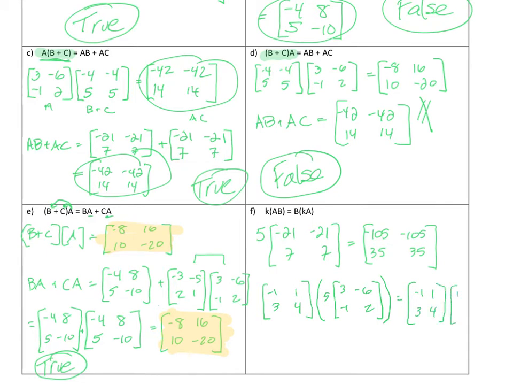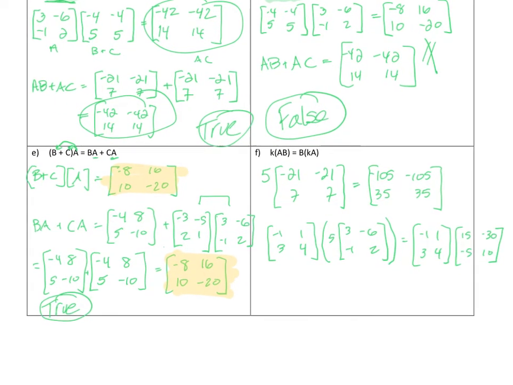All right, this is 15, -5, -30, 10. And then I'm going to multiply those. All right, so I have -15 minus 5 is -20. Already getting a different result. That's not -105, so I know that this is false.